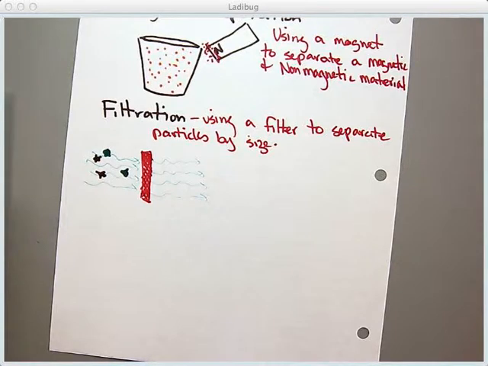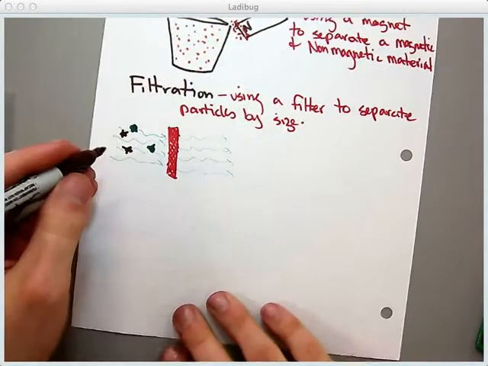Okay, so magnetic separation, using a magnet to filter, filtration, using different particle size to filter, and the last one we're going to use is distillation.